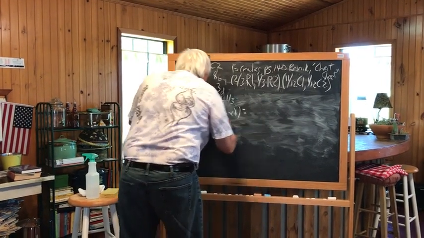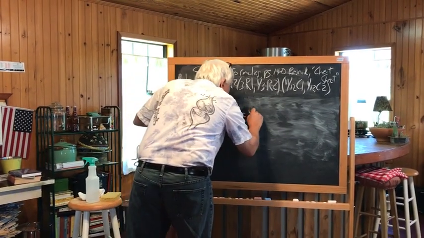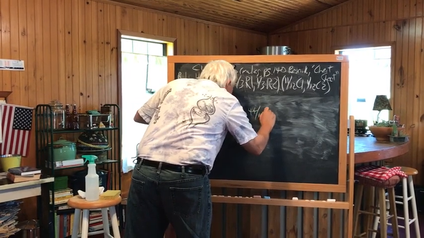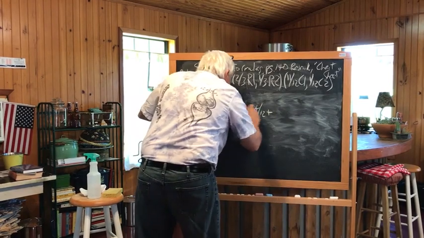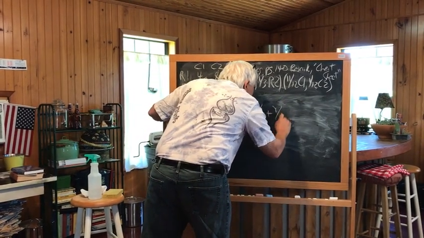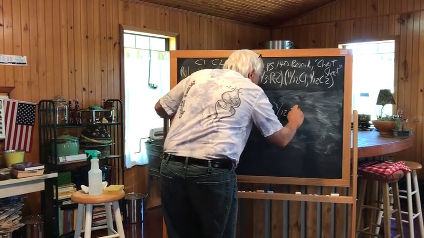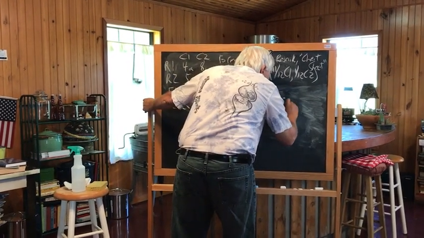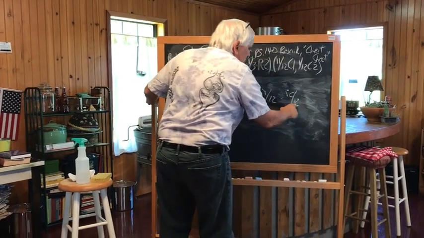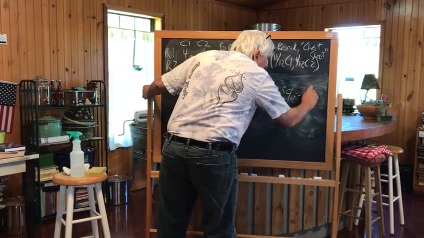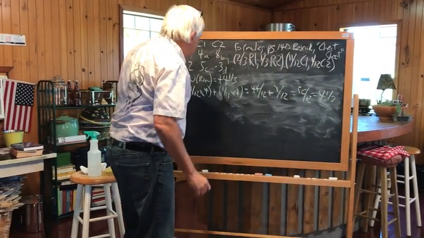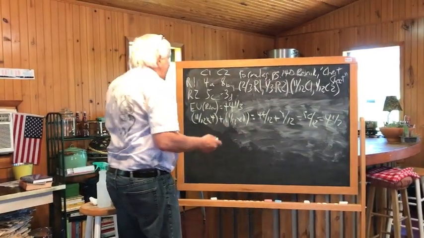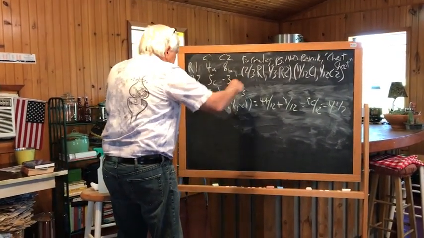And when we do this, we get 44/12 plus 8/12, and that equals 52/12. That is 4, with 4/12 left, 4 1/3. Exactly correct.